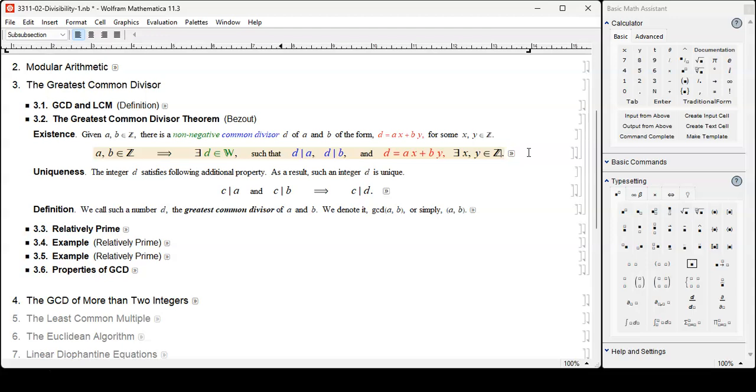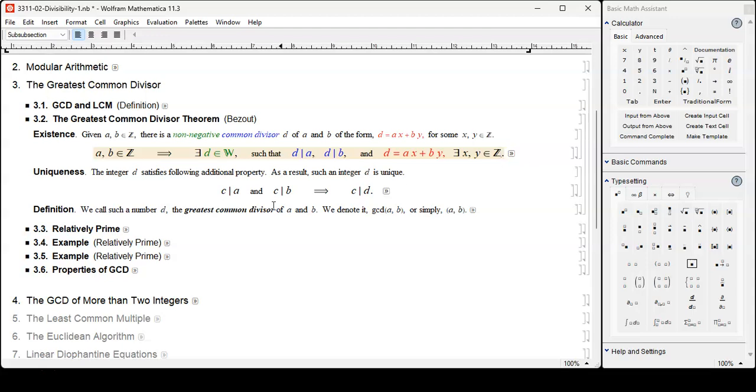But the proof is actually pretty difficult, very difficult, I have to say, and it is postponed until the end of this section. I can do it now, but if I do that, then you're going to get exhausted and you won't be able to understand anything further. So it's going to be better to postpone it as much as possible. So for now, let's just assume that such an integer D with these three properties, green, blue, and red, exists. Let's take it for granted and we're going to prove it later.